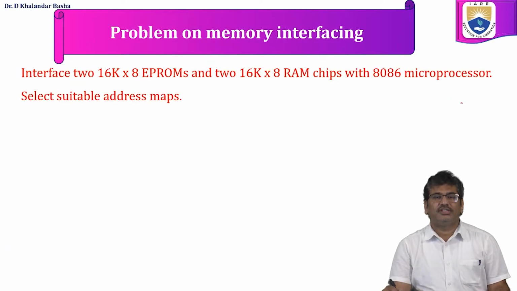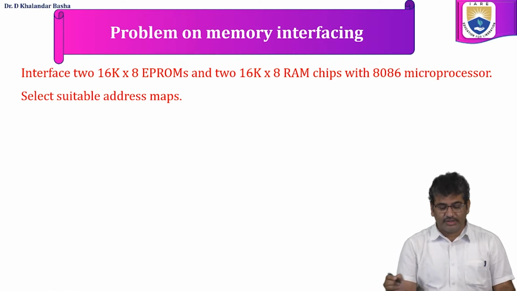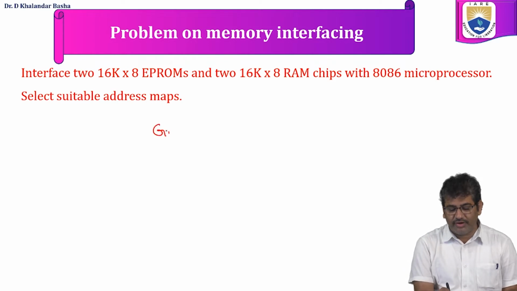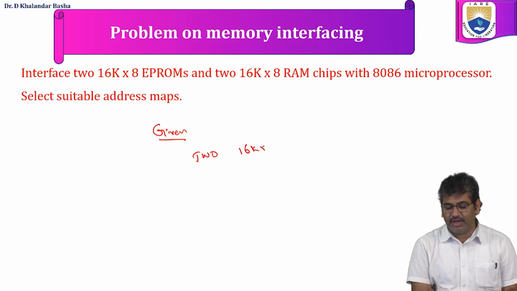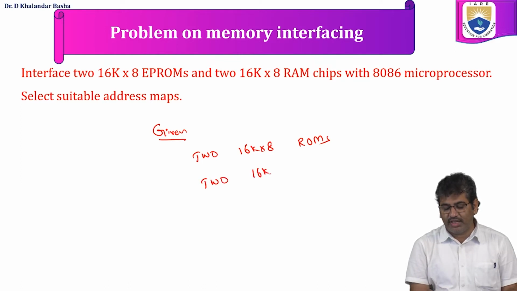Interface two 16K by 8 EPROMs and two 16K by 8 RAM chips with 8086 processor with suitable address maps. So here we are given two 16K by 8 ROMs and two 16K by 8 RAMs.